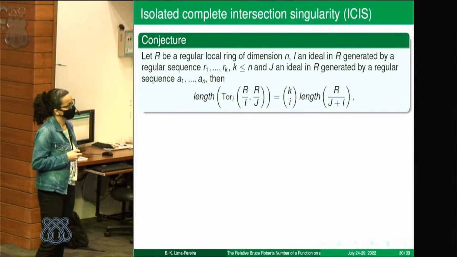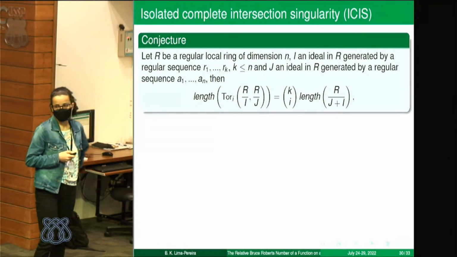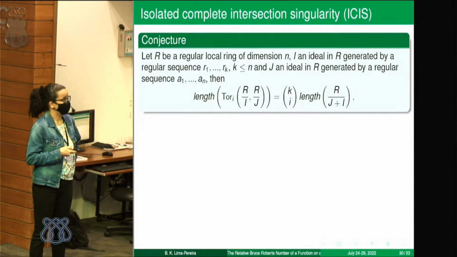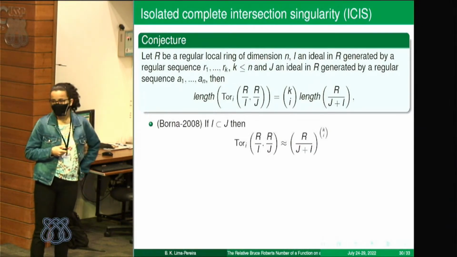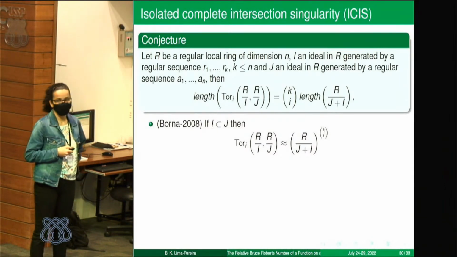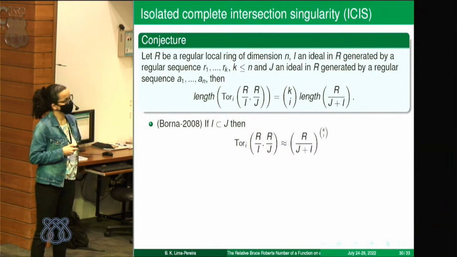This length is equal to this combinatorial number times this length, okay? Okay, so it is a conjecture, and Born proves that if I is a subset of J, this is isomorphic to this module, okay? So with this condition, we have this relation, okay?